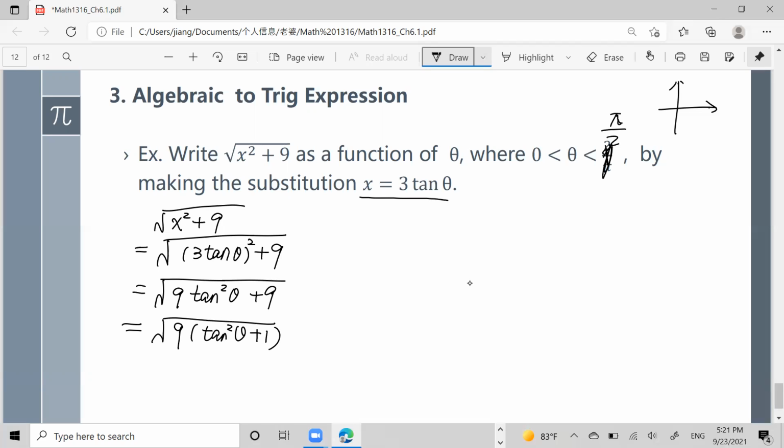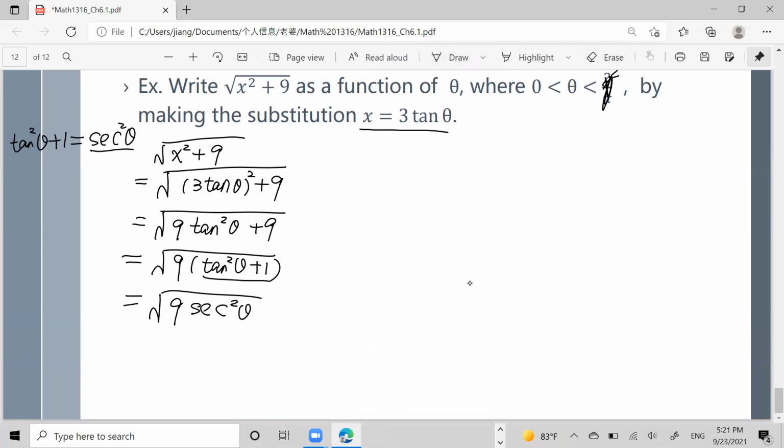Do you still remember that? We have learned that tangent squared plus 1 equals secant squared, so I can express it like this: 9 times secant theta squared. And since 9 is 3 squared, this one equals plus or minus 3 times secant theta.